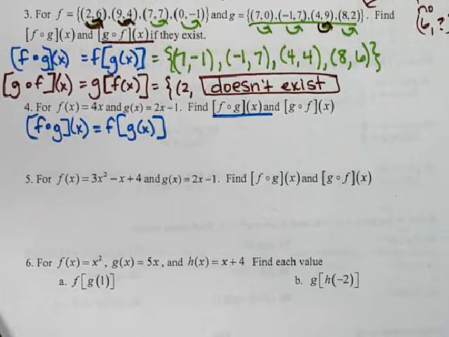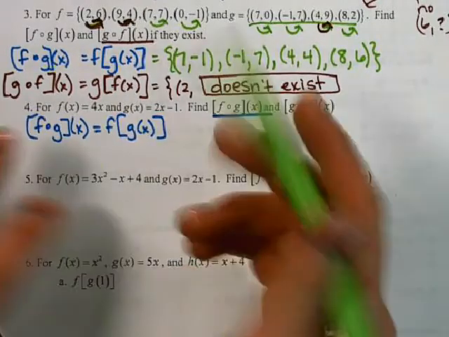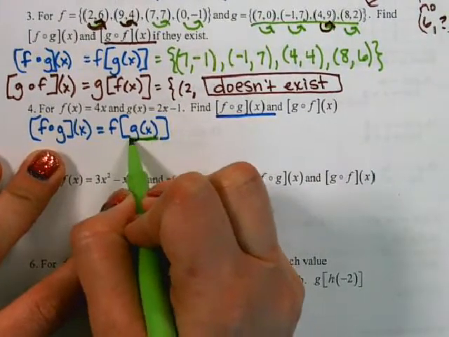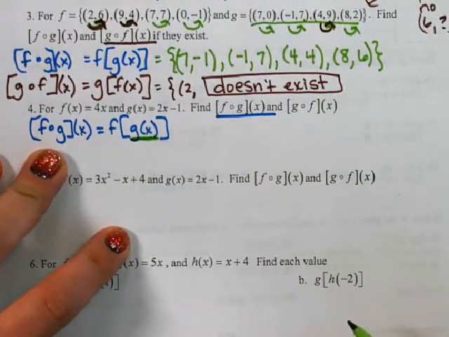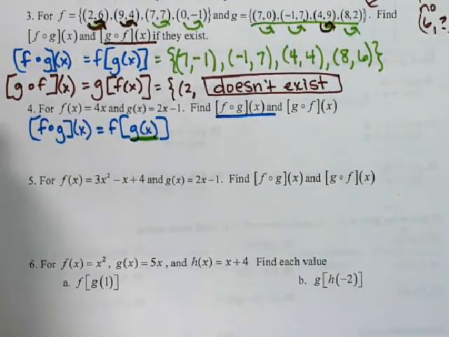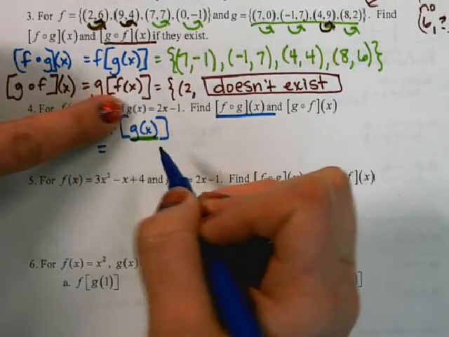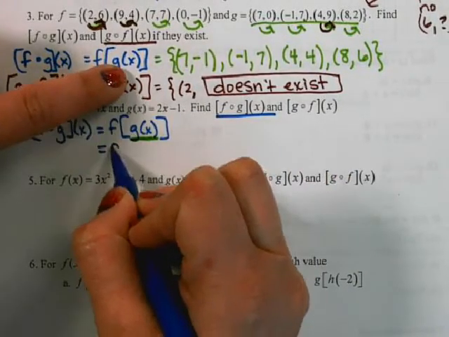Again, think inside out. I'm going to replace g of x with what it equals. Well, g of x is 2x minus 1.